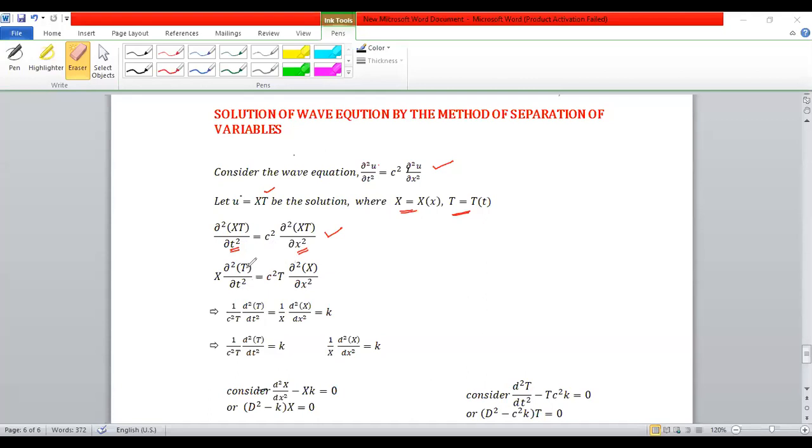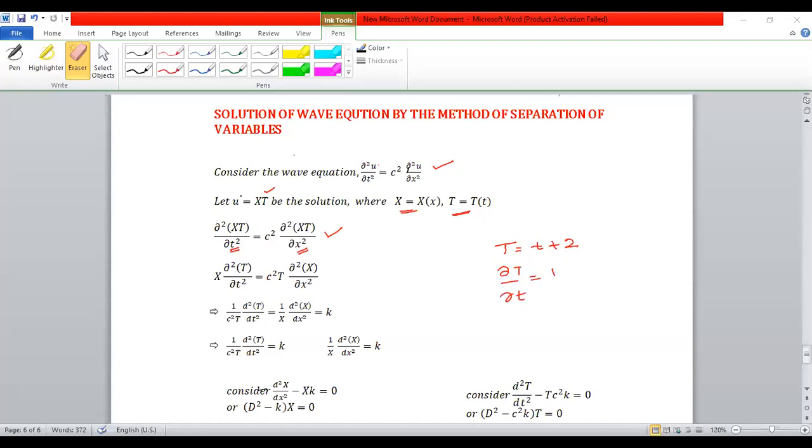Since this capital letter T is a function of t only, there is no difference between differentiation and partial differentiation. For example, let T be equal to t plus 2. Differentiate. Del T divided by del t is equal to 1.